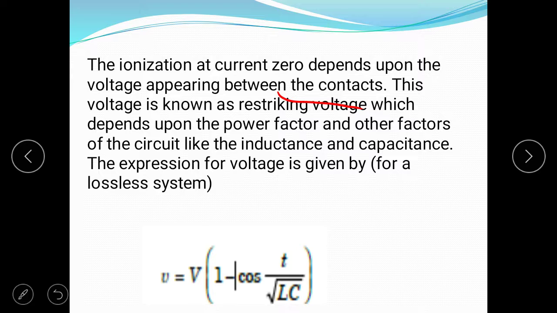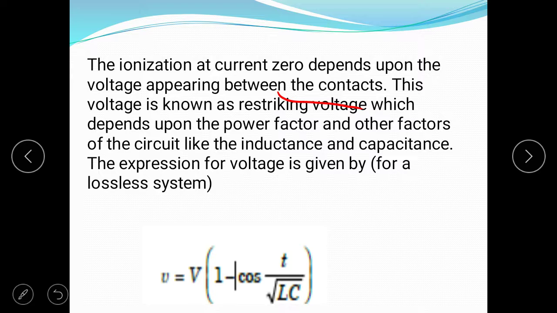Restriking voltage means it is the voltage between the contacts of the circuit breaker when the arc starts again between the gap of the contacts. Then this voltage is known as restriking voltage.